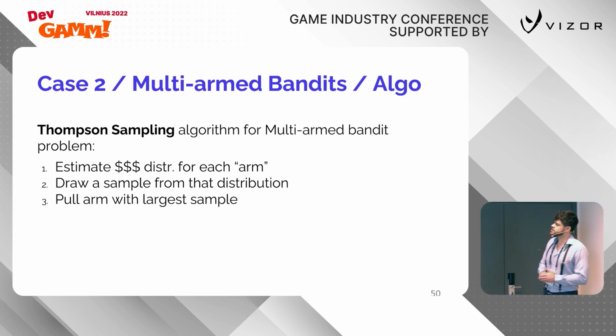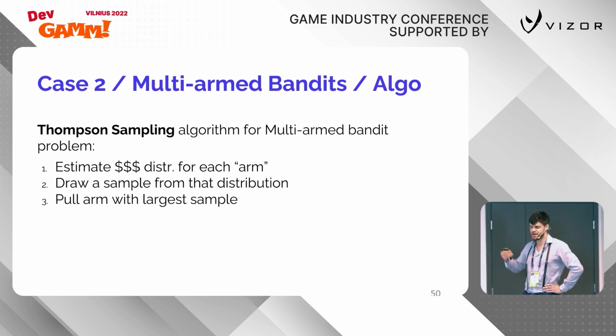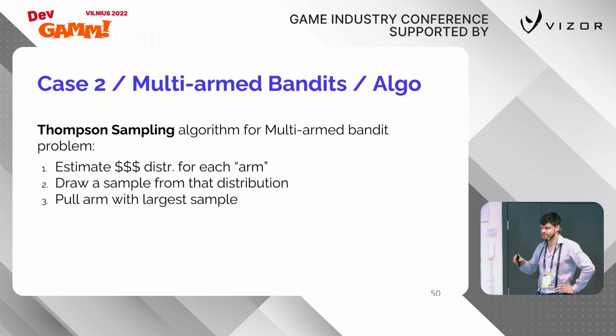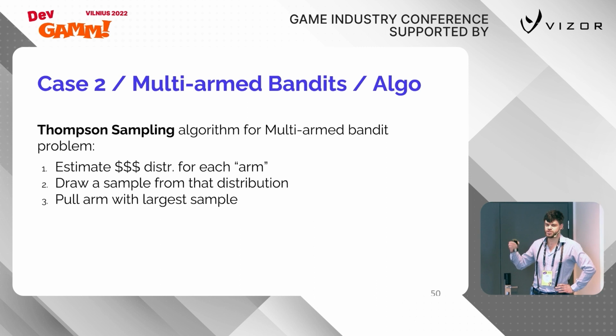The idea is that, on one hand, the arm with the largest number of samples will produce the distribution with the smallest variance. Because of that, if there is an arm which is reliable, so you have a lot of samples, and which produces a lot of revenue on each pull, so it has a large mean, then you will pull it a lot.